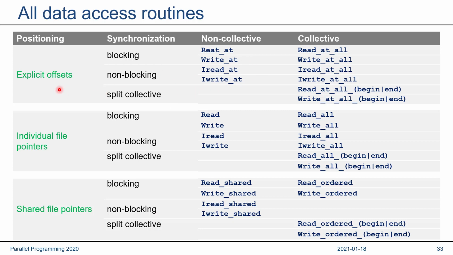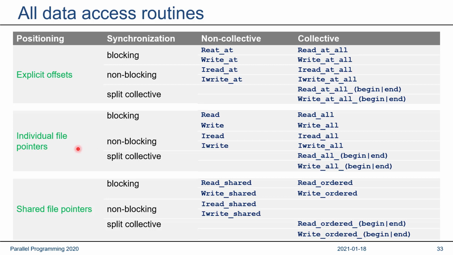For example, if you want explicit offset I/O with blocking semantics and non-collective, you would call a function that ends in read at or write at. If you want collective semantics, then you would add _all at the end.